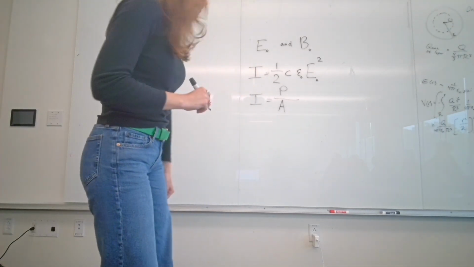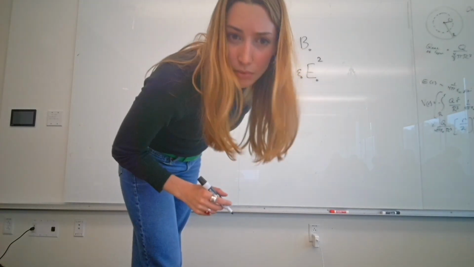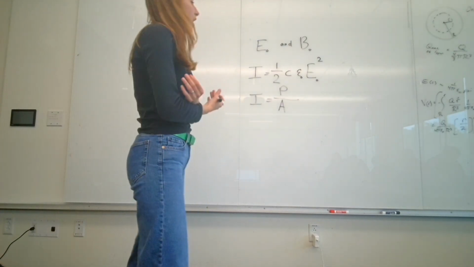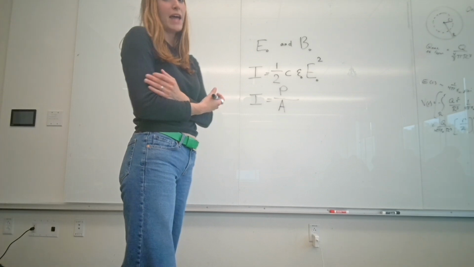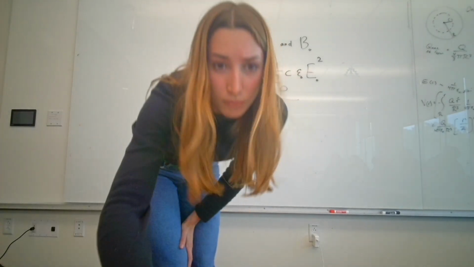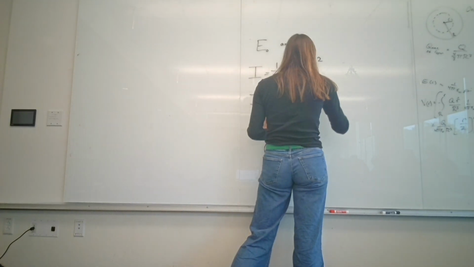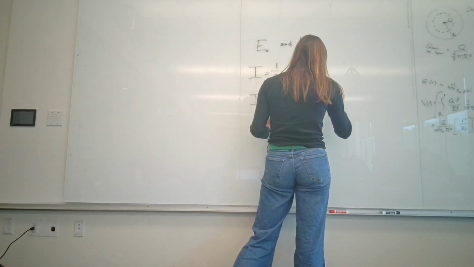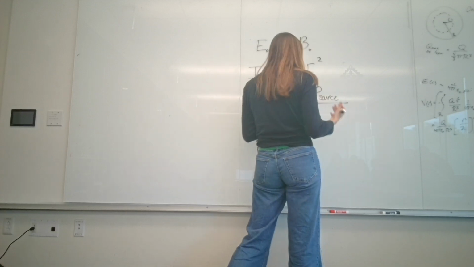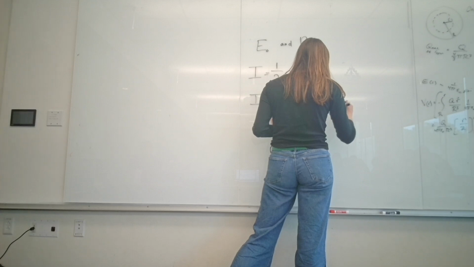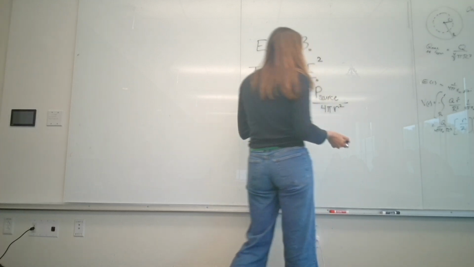The area we're talking about is the surface area of a sphere at some distance r. So this is essentially the power that our source gives off over the area that's receiving it, the surface area of a sphere of some generic radius r.